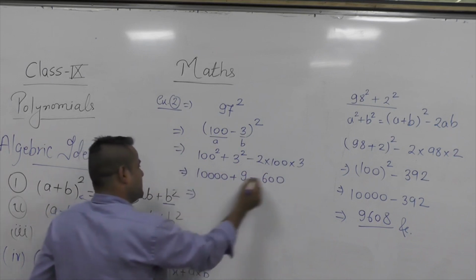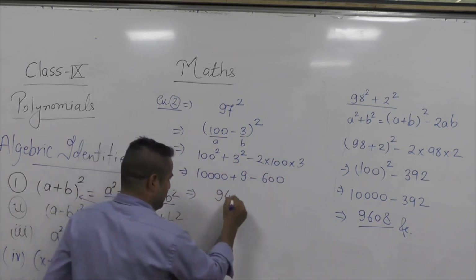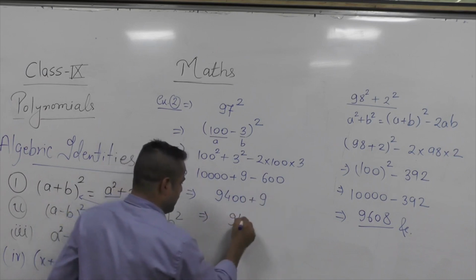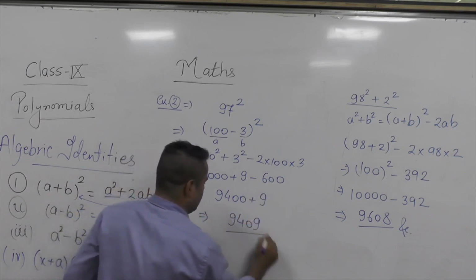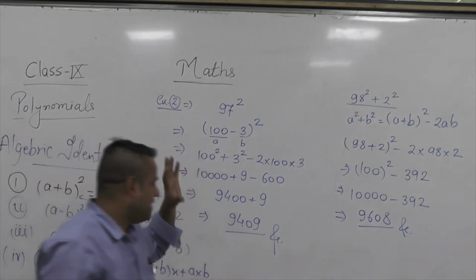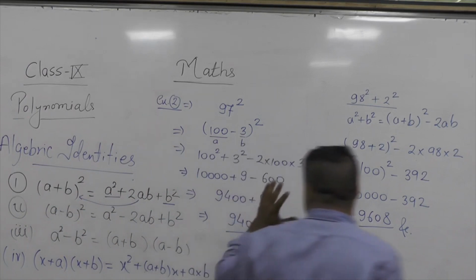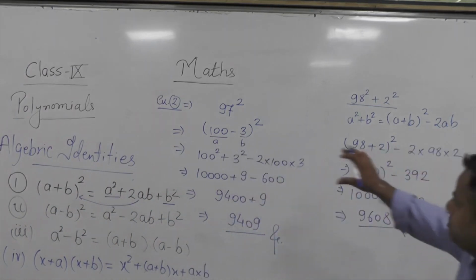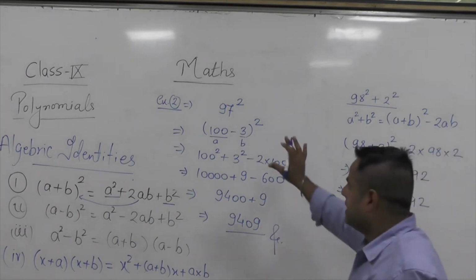Now 10,000 minus 600 is 9,400, plus 9 gives us 9,409, and that is our answer.